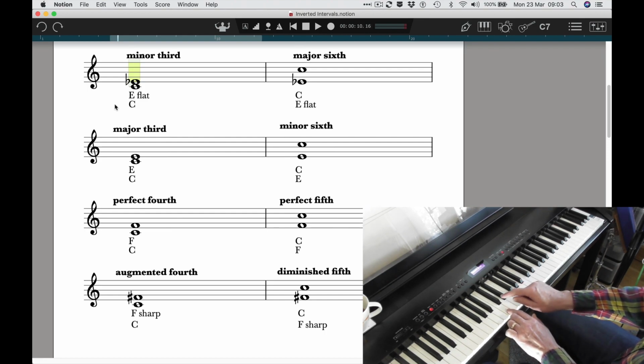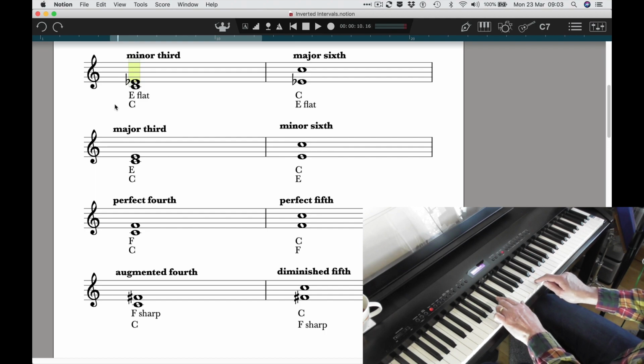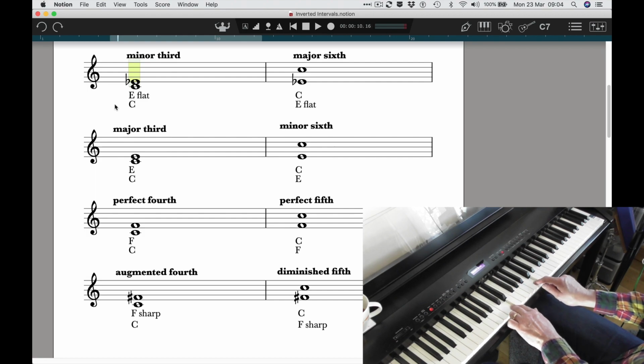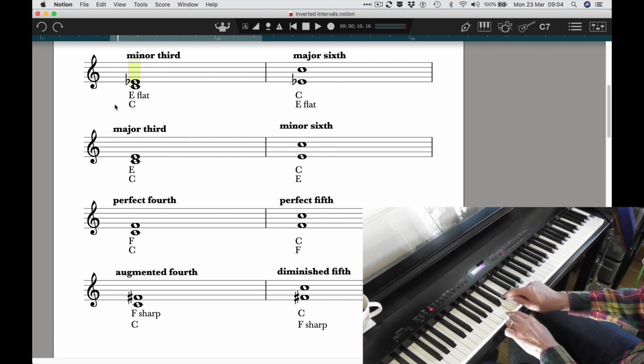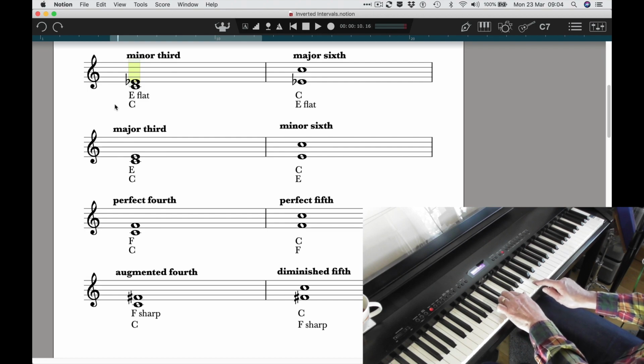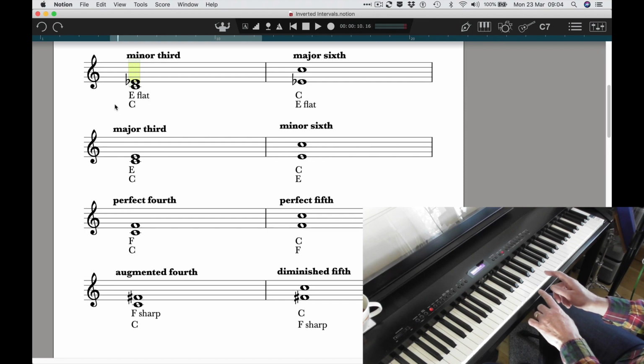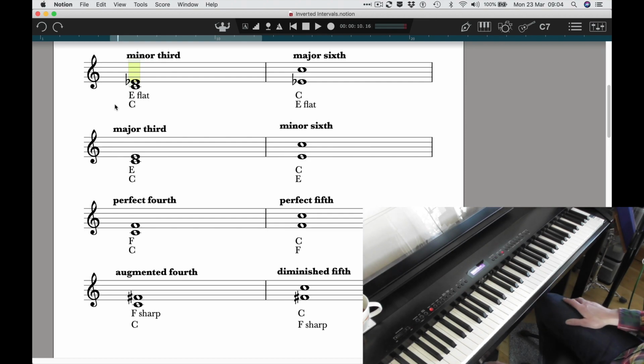And notice that minor becomes major, and major becomes minor. You see? So if the interval is minor and you invert it, it becomes major. If it's major, it becomes minor. And the two numbers always add up to 9.